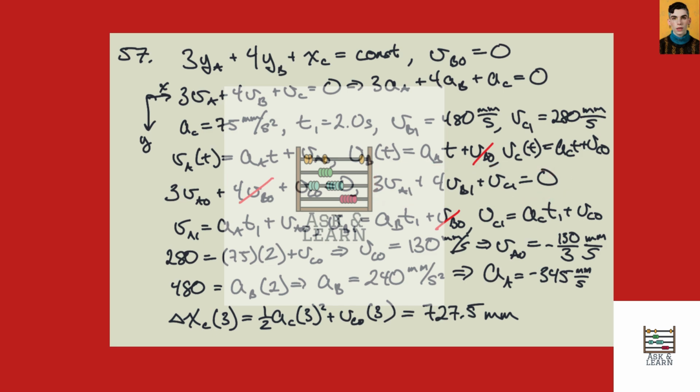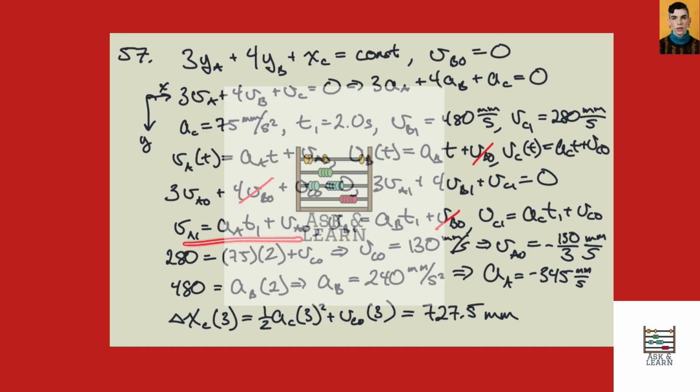We know the velocity of B initially is 0, so that goes away. So at T1, VA1 is the acceleration of A times T1 plus VA naught, and likewise for VB1 and for VC1.